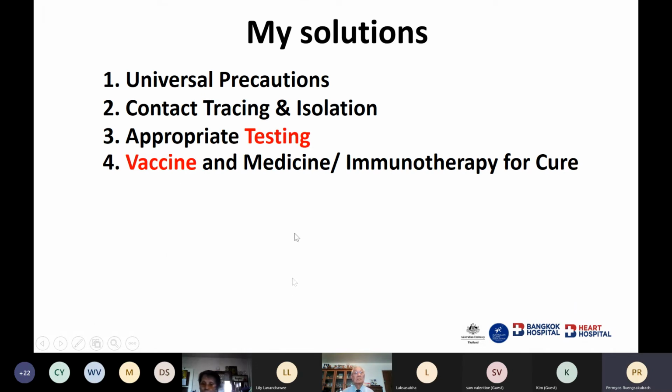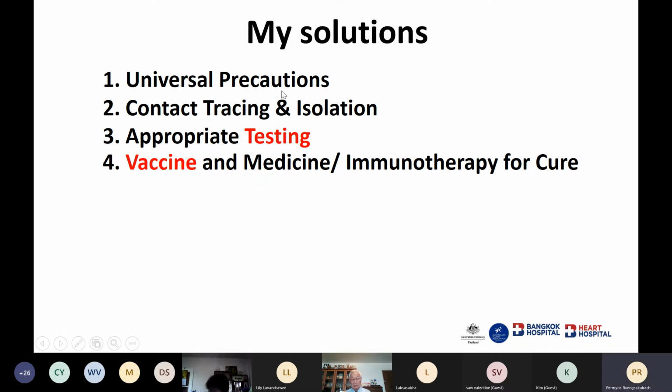In my opinion, I think universal precaution is still needed now. Contact tracing and isolation may be difficult now because there are so many infected people in the community, so it's very hard to do contact tracing and isolation.